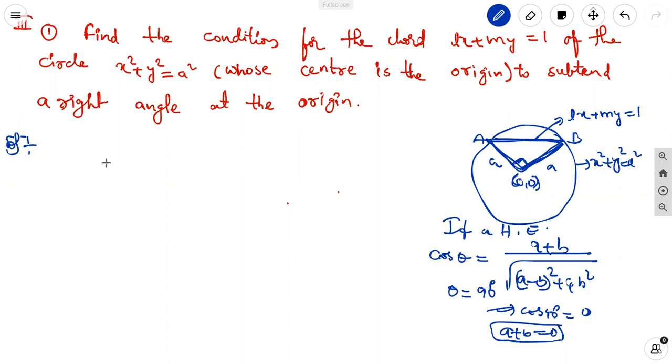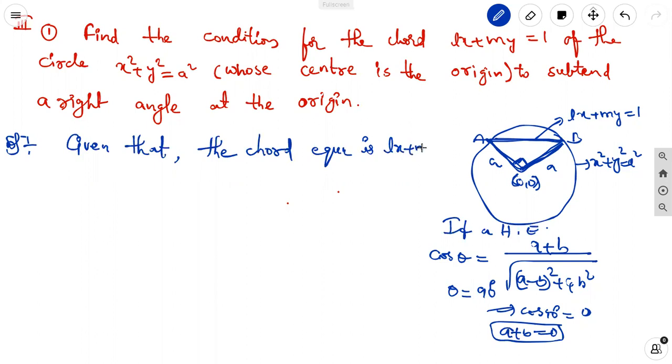For that, first we take the given line Lx plus My equal to 1, let it be equation 1, and the circle equation x square plus y square equal to a square.